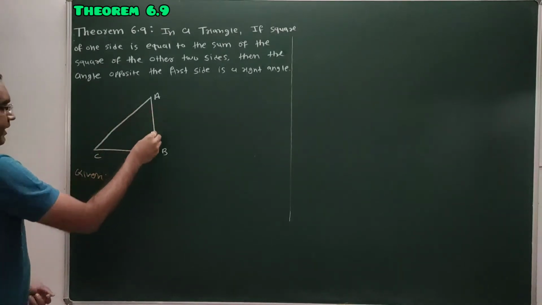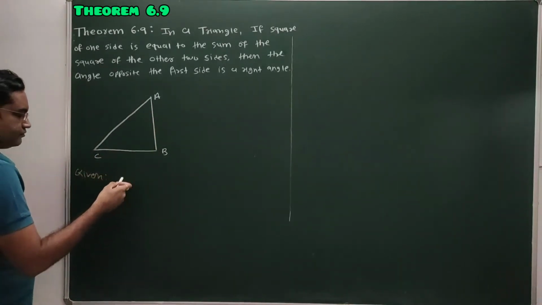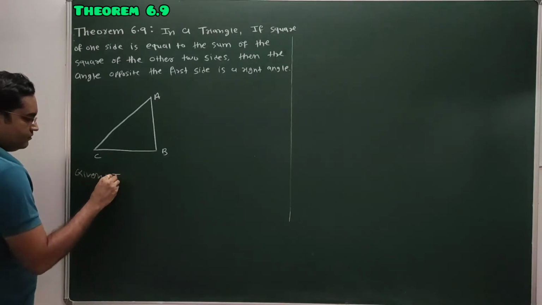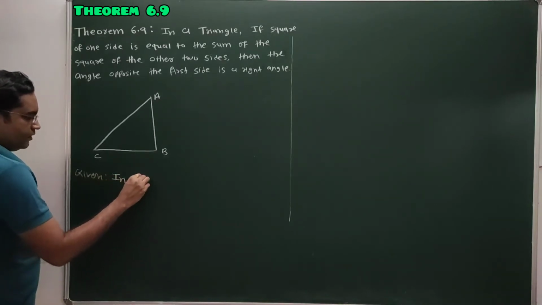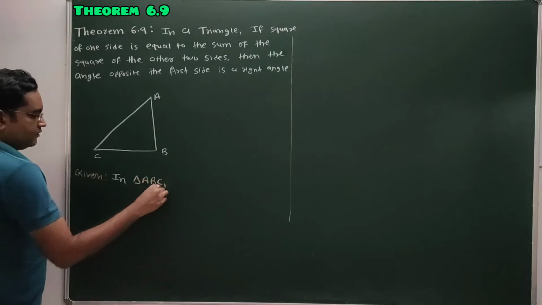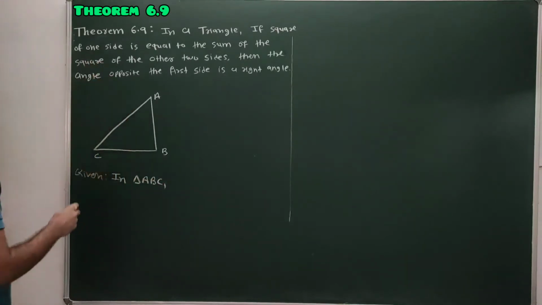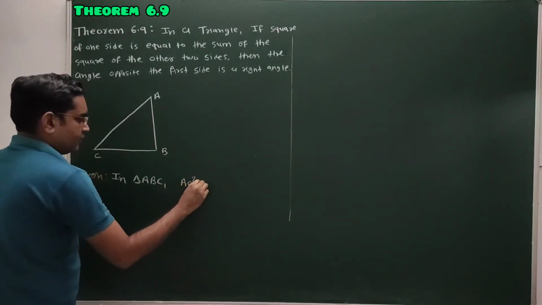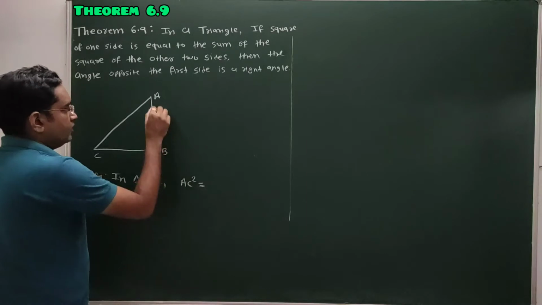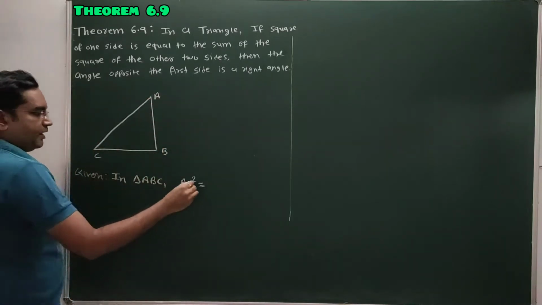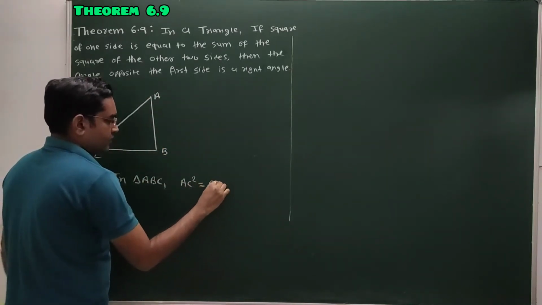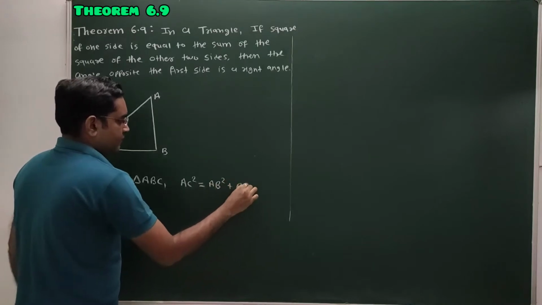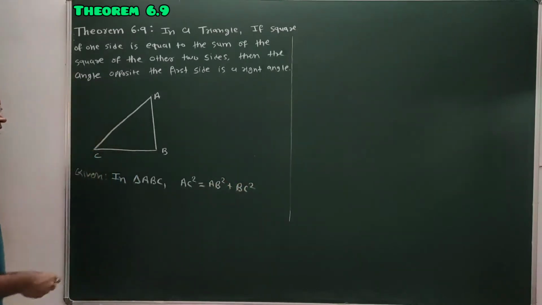In triangle ABC, the square of one side is equal to the sum of the squares of the other two sides. So AC square is equal to AB square plus BC square. This is given.